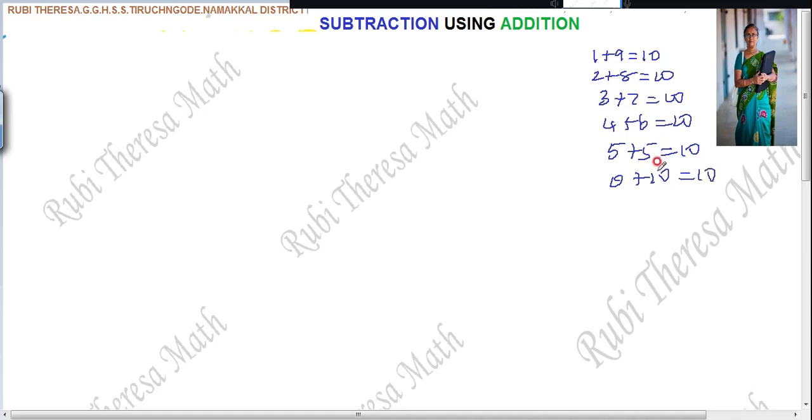In the same way, the 10's complement of 7 is 3. Do you follow? The 10 complement of 7 is 3.